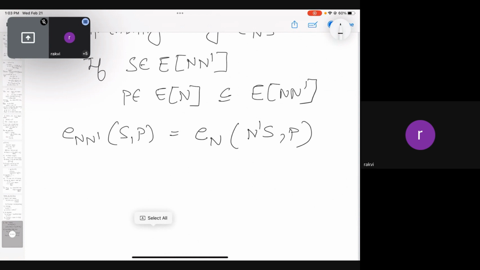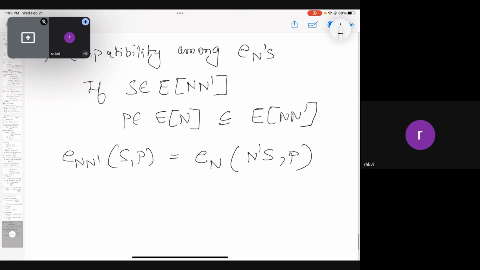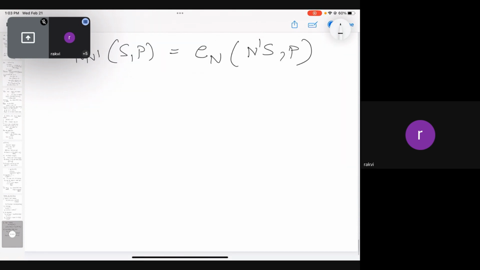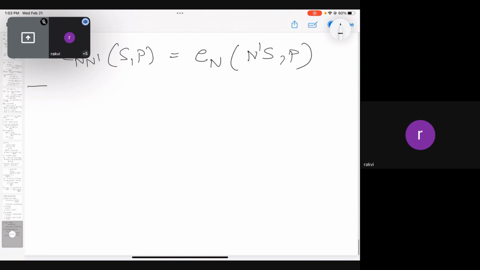I wanted to prove them, but I don't think I have enough time. I think I'd overshoot by at least half an hour, which I don't want to do. So we'll continue from here. Next time, what we'll do is see a proof of these properties.